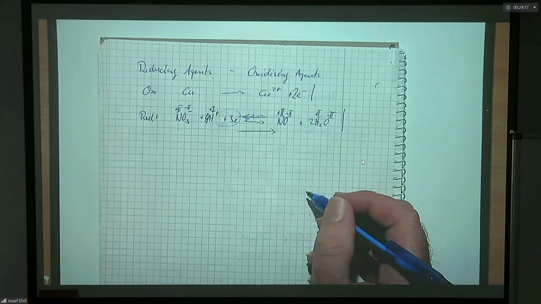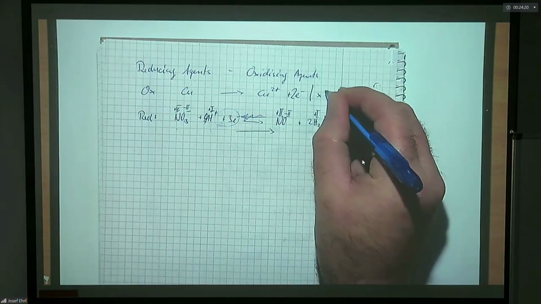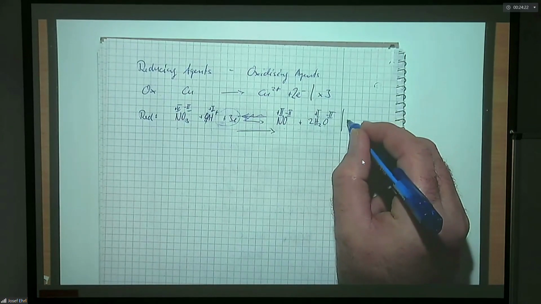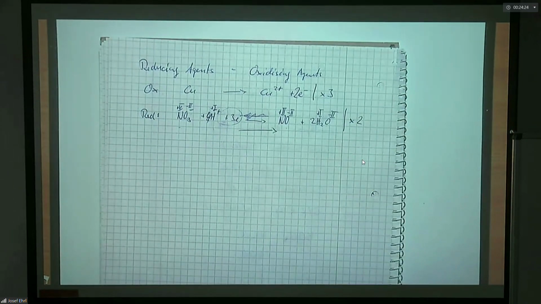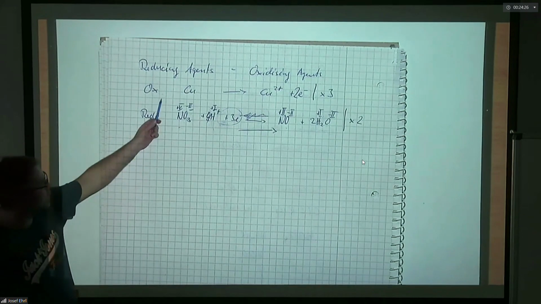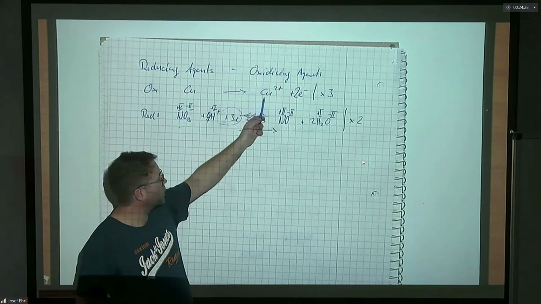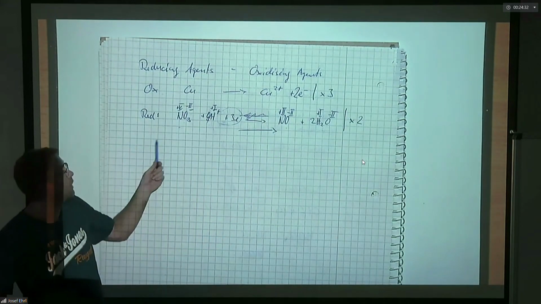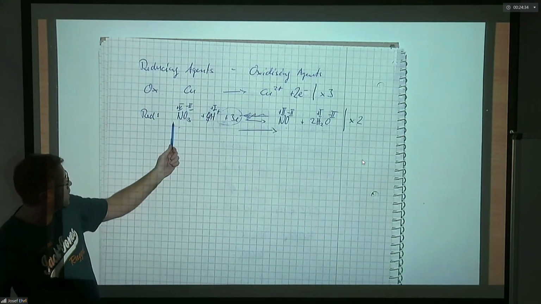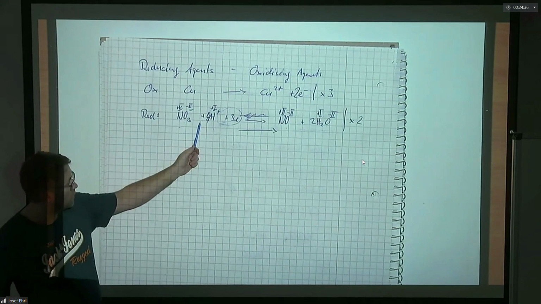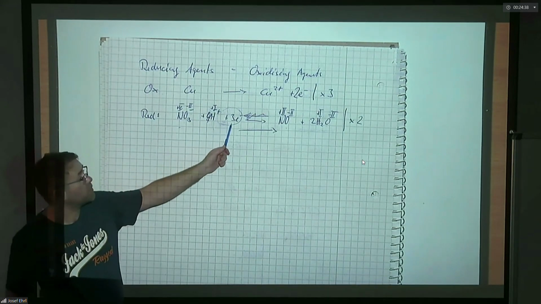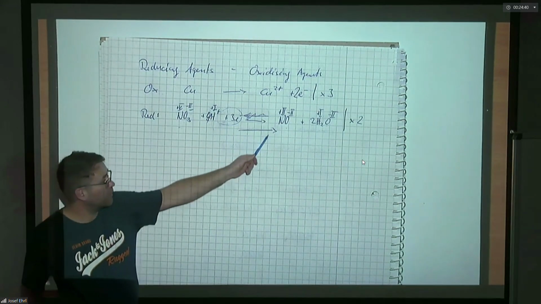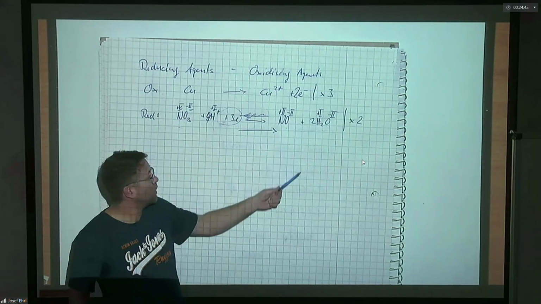Therefore, I have a simple tool of least common multiples. So I multiply this reaction, complete reaction, with 3, and this complete reaction with 2. Then I have 3 copper reacting to 3 copper 2+ plus 6 electrons, and down here I have 2 nitrate ions with 8 protons plus 6 electrons reacting to 2 nitrogen oxide and 4 water.